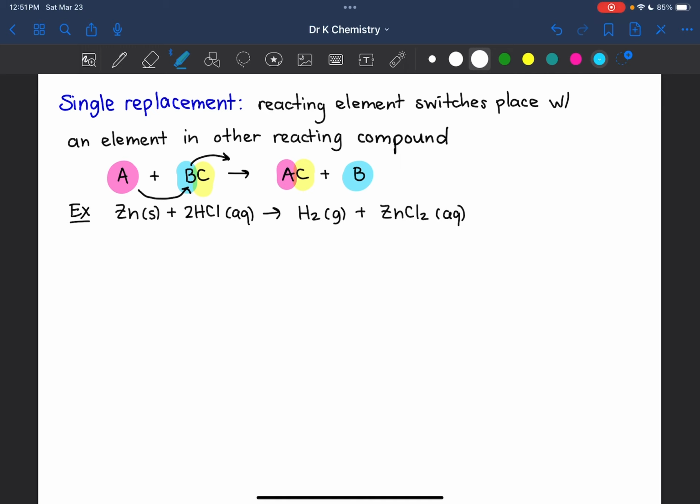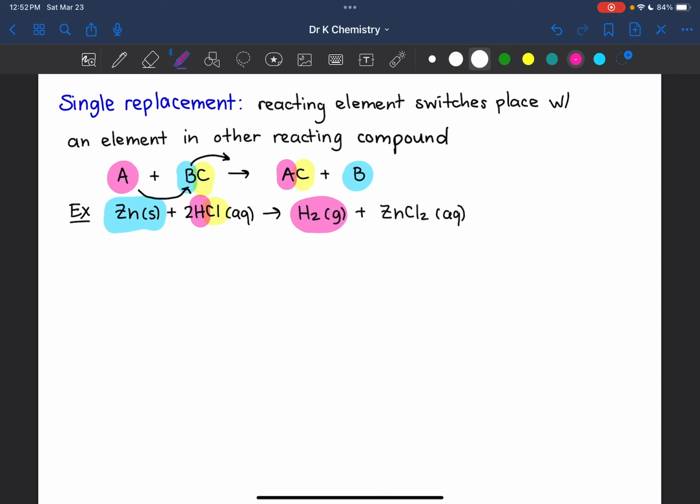And here's an example of that. Here we have zinc, and notice that it's saying that we have solid zinc, which means zinc is in its elemental form. It just exists as a metal off by itself. It is not part of a compound, elemental. And then it reacts with hydrochloric acid or hydrogen chloride. So here we have a compound, right? We have hydrogen and chloride that are bonded to each other right now. And then on the product side, we can see that hydrogen went off to be by itself.